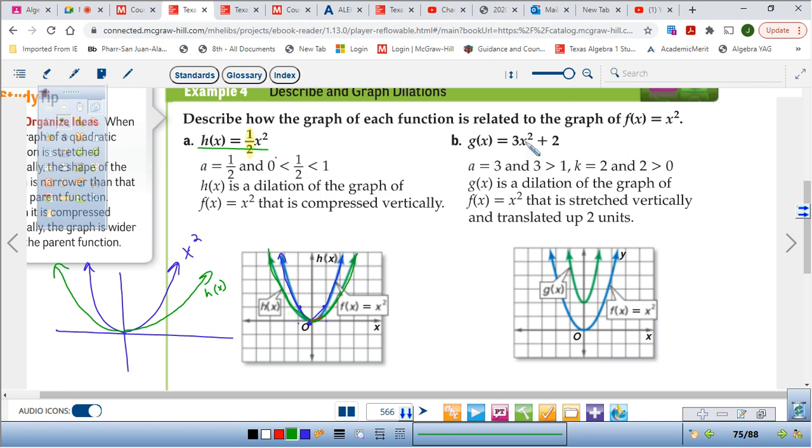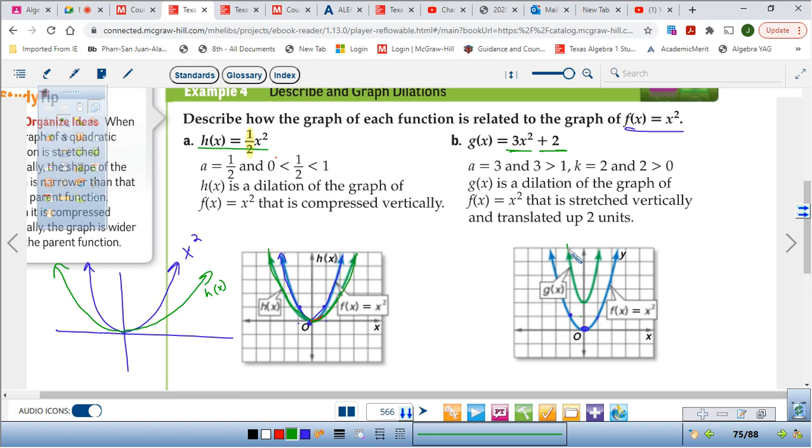Look at this one real quick. The 3 makes it more narrow, and then this one right here moves it up 2. So it's a combination of stuff. Parent function again. The parent function here, I'm going to go 1, 1, 1, 1, goes through there. This green one, g of x, now is going to go up 2 units, go up 1, 2, and then it's narrower.